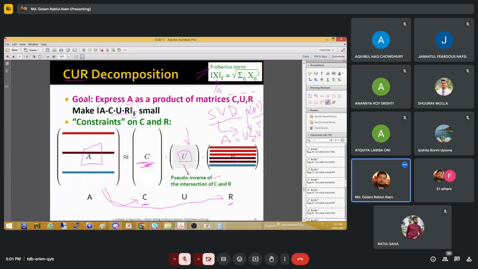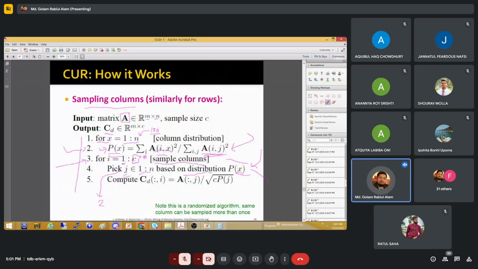In this algorithm, we got the column, and now we have to insert that column into our C matrix. In our A matrix, J is the column, and we have to normalize these values.